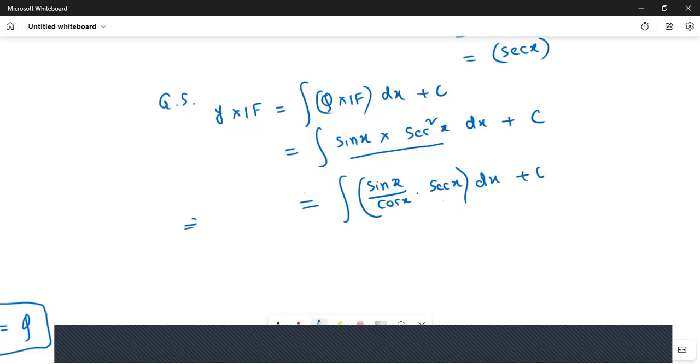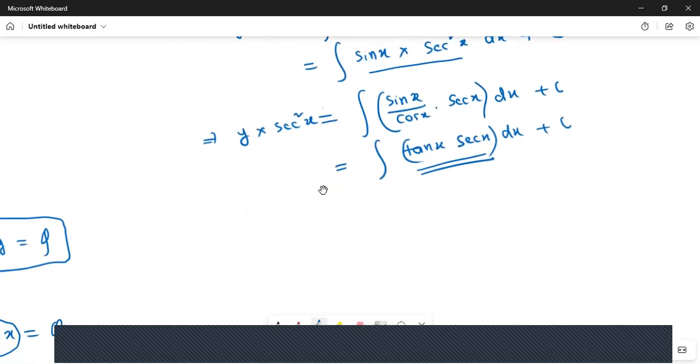On the left, of course, this will be y into sec square x. Then keep on doing. This is now tan x, right? tan x sec x dx. So this is same as writing sec x tan x, right? Integration of sec x tan x is how much? Sec x only, if you remember. So that will be sec x plus c.